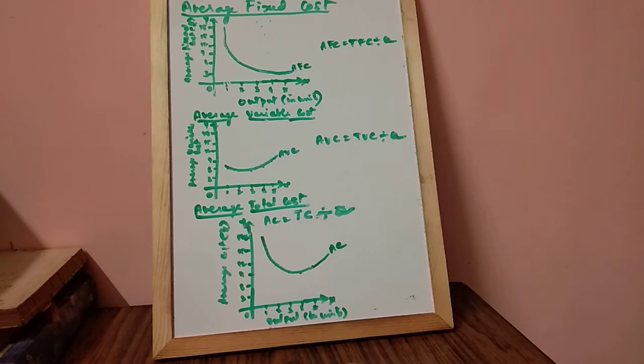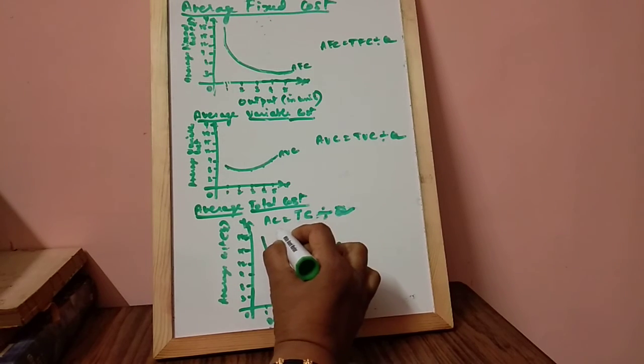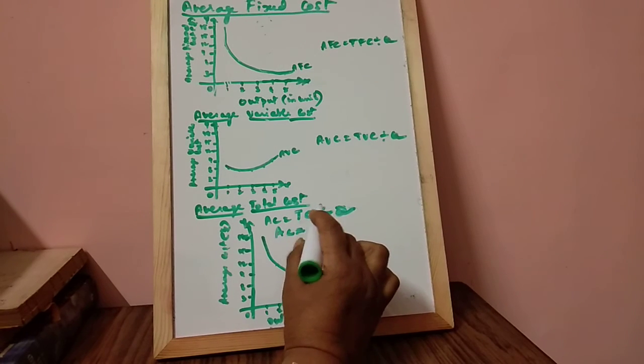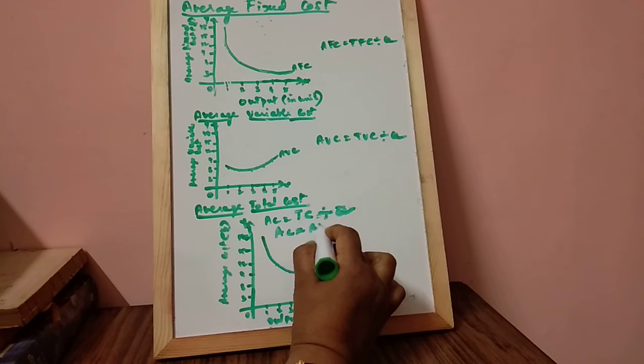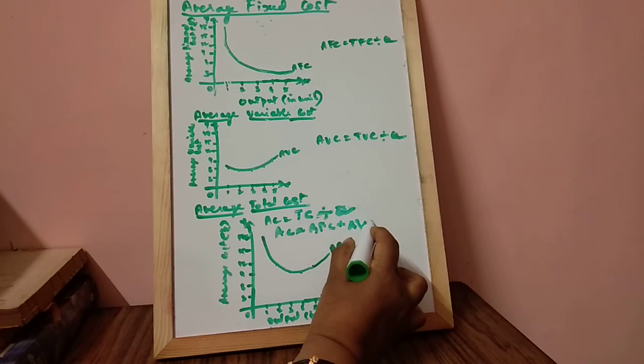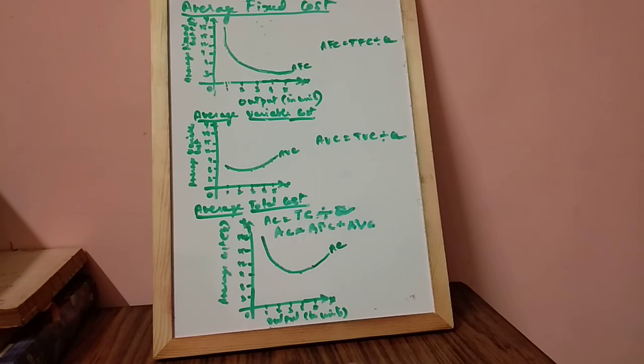Average cost is also defined as the sum of average fixed cost and average variable cost. Let me write it here: average cost can be defined as the sum of AFC, average fixed cost, plus AVC, average variable cost.